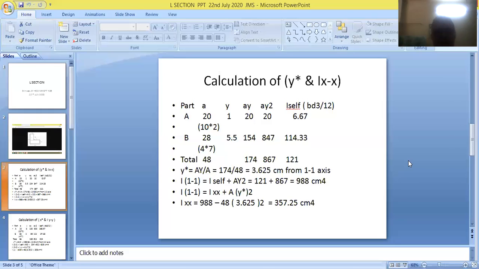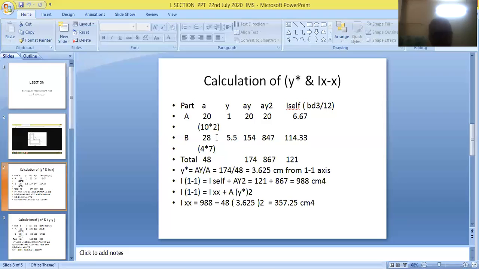So friends, for making these calculations, you have to prepare a table as already shown in the slide, consisting of 6 columns. The name of the component is to be written in the first column. The second column is for indicating A values for different components, that is the areas of different components.